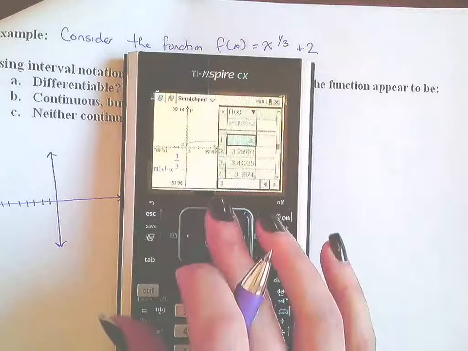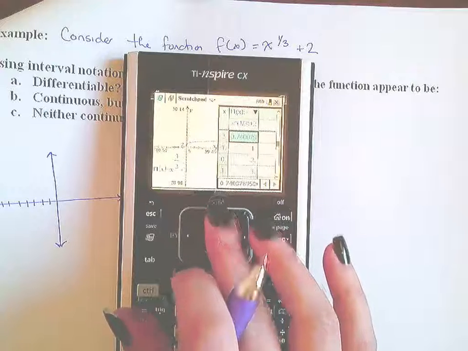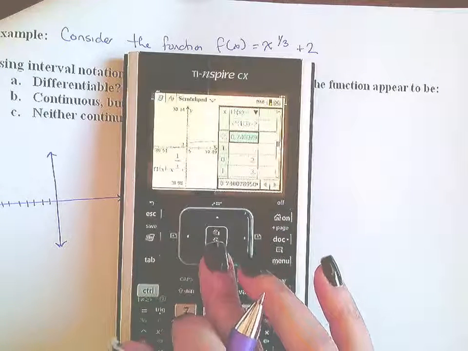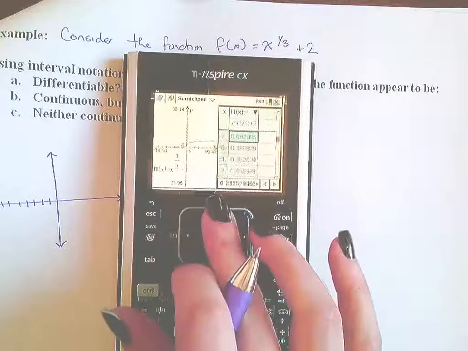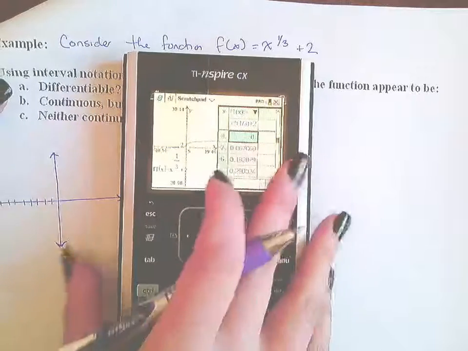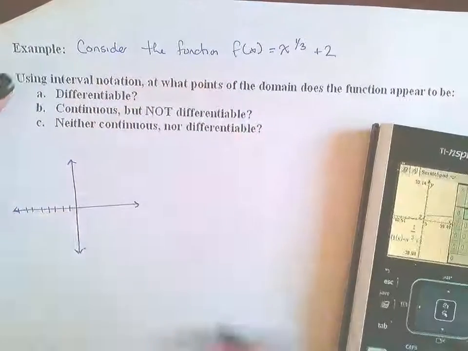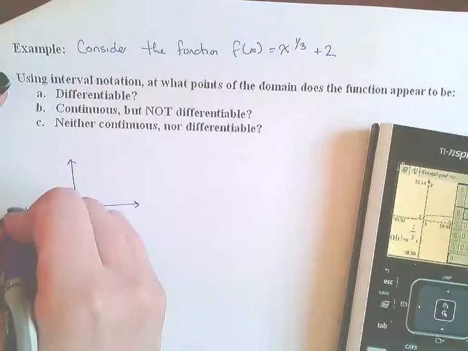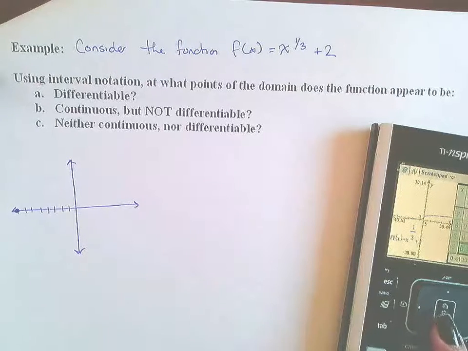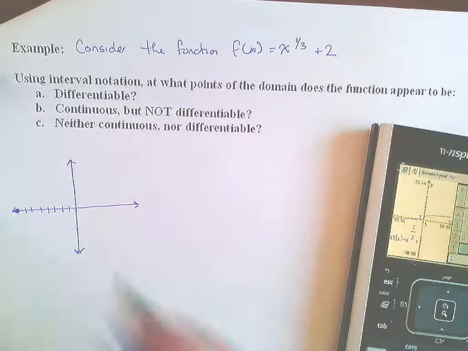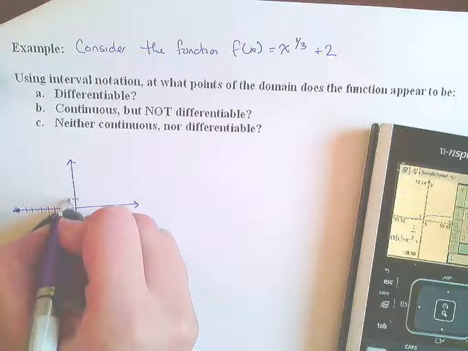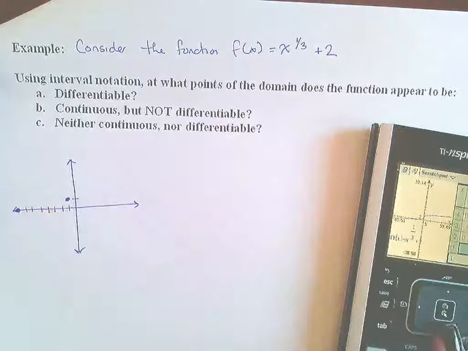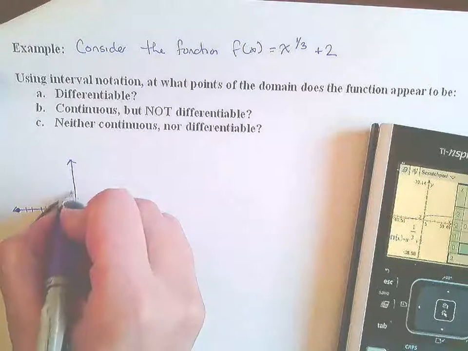So to get a few points, oh, that's why. At -8, I was plugging in 8, so no, I was correct. At -8 it is 0. Brain fart, sorry. At -1, it's 1. At 0, we got 2.